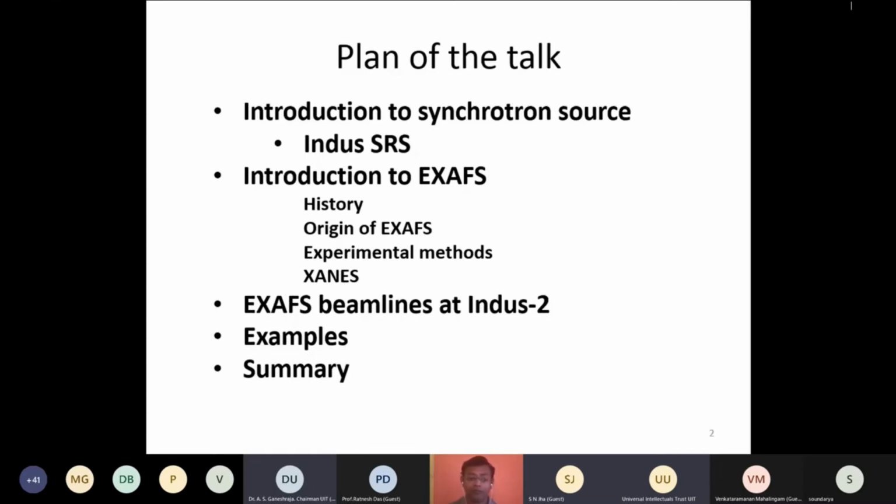I'll also stress the data analysis part of the EXAFS technique, then introduce the EXAFS beamline facility at Indus 2. Then I'll give some examples of what can be done with this technique, and then summarize the presentation.